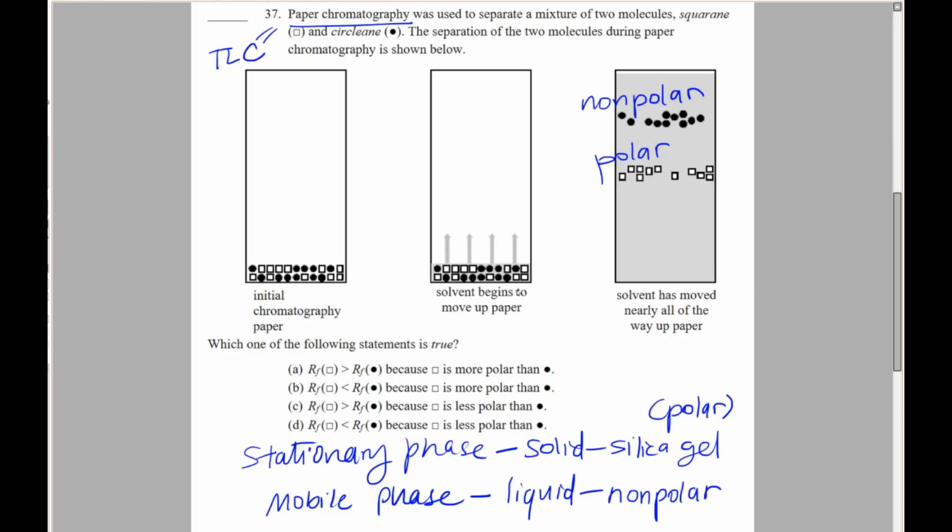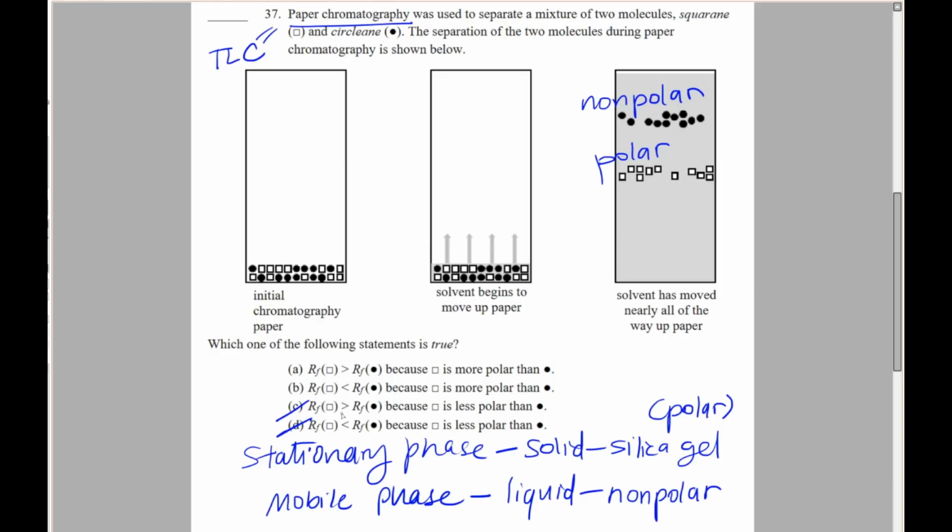So now that we have that established, we can look at these answer choices and eliminate some of them. We know that the square is more polar than the circle, so we can already eliminate C and D. Basically, the choice is between A and B, and we have to figure out the retardation factor, or the retention factor.